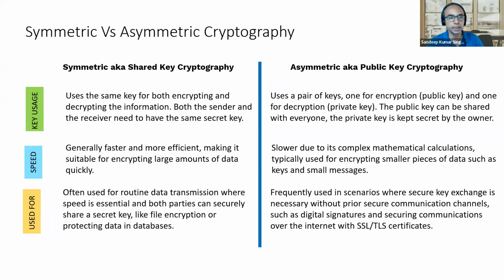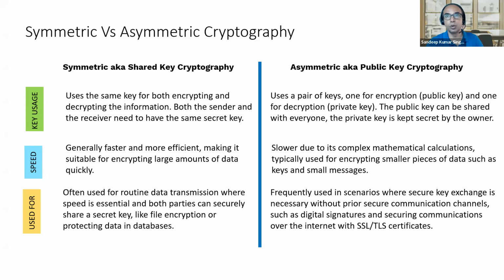It uses two keys. The speed of symmetric key is faster, asymmetric key is slower, right? And symmetric key algorithm is used for routine data transmission where speed is required, whereas asymmetric is used in scenarios where secure key exchange is necessary without a prior secure communication channel, right? So you can see that both of them have their own pros and cons, and they kind of complement each other, right?